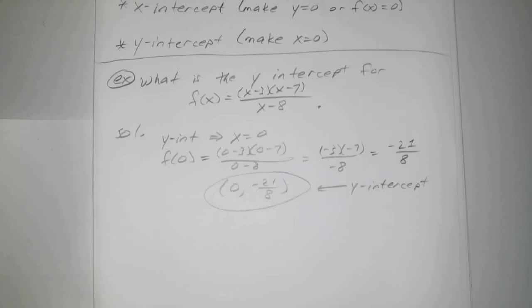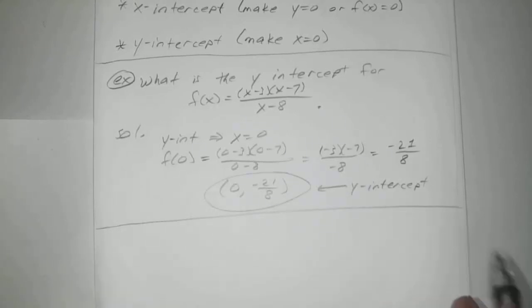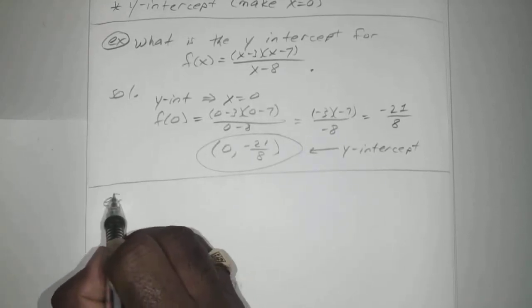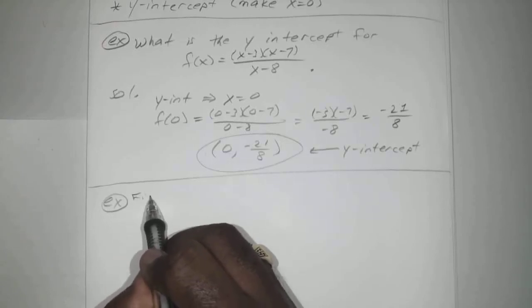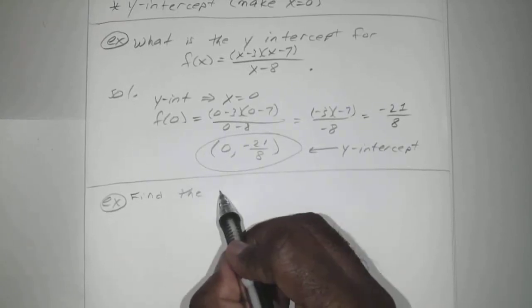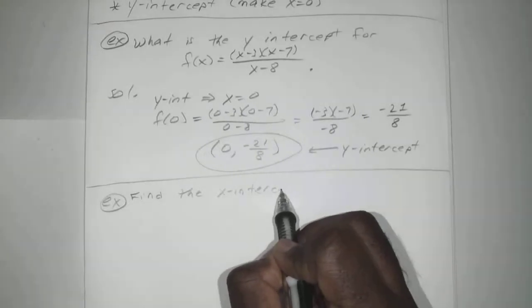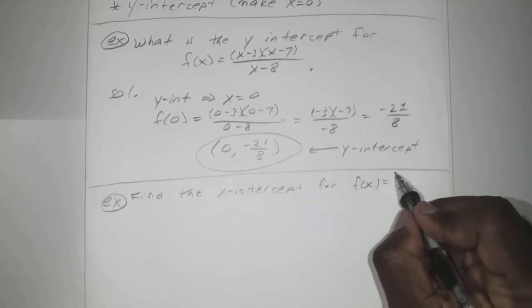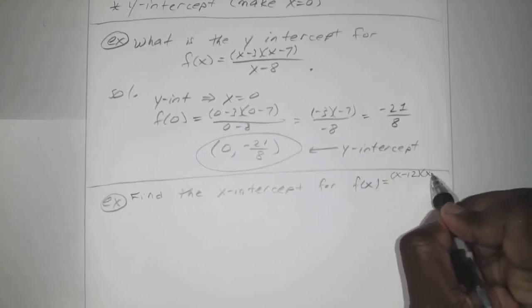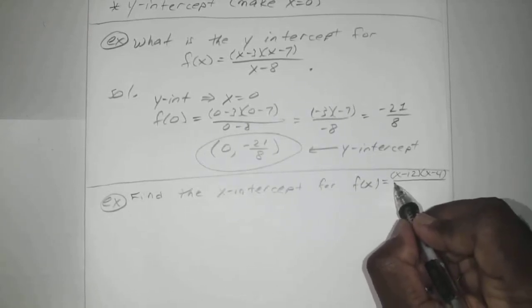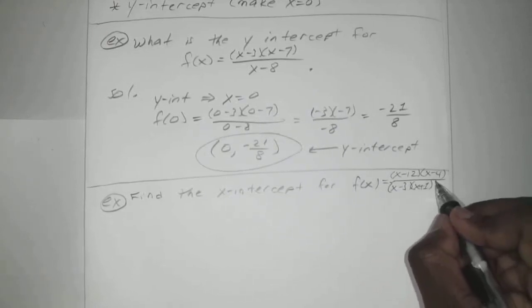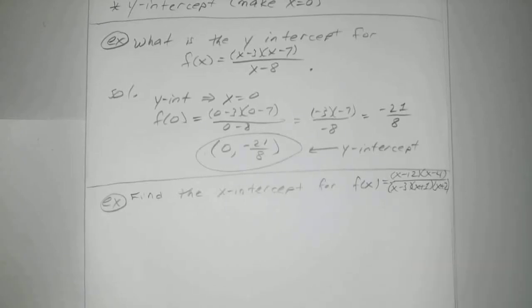Okay. Same thing with the x-intercept. So what if we wanted to find the x-intercept for, let's say, f of x equal to x minus 12 times x minus 4 all over x minus 3, x plus 1, and x plus 2?